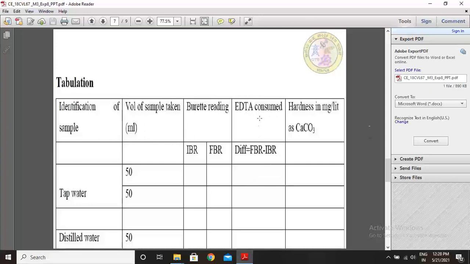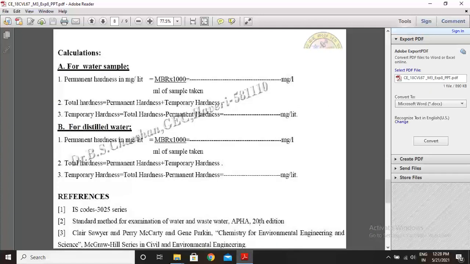So that is the EDTA consumed in ml. Next, hardness in milligram per liter as calcium carbonate that we are getting. Then you enter the readings in this table. So we are taking 2 trials for tap water and 1 trial for distilled water. Then now we are calculating from the obtained readings.